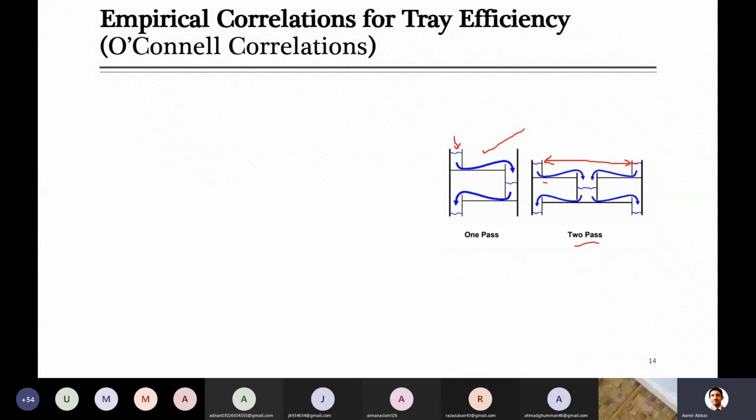So in order to avoid that, you reduce the length of the flow path, and when you reduce the length of the flow path, that will improve the distribution across the whole tray, and when it is distributed, definitely the liquid contact with the vapor will be improved.